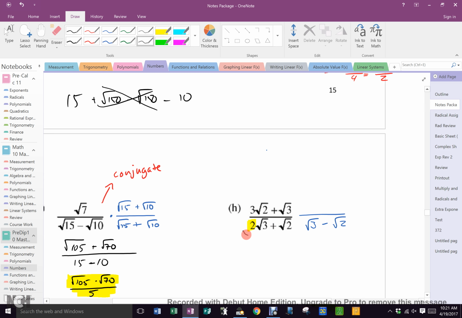Okay. If your denominator is binomial or bigger, but for us it's never going to be bigger than a binomial. If your denominator is binomial, you must use the coefficients.